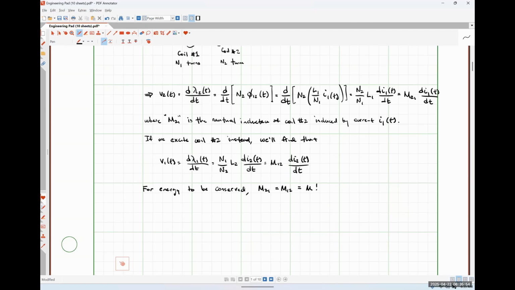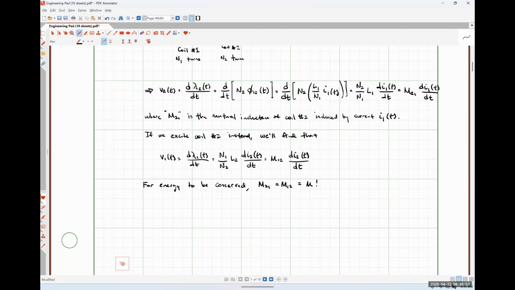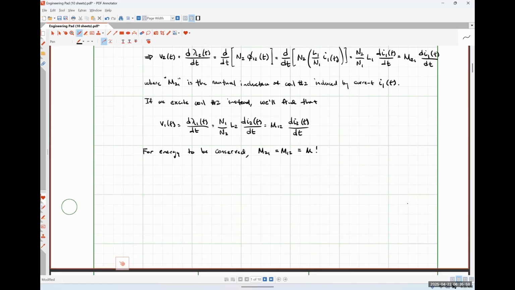Now I want to consider what happens if we excite both of the coils in the system.